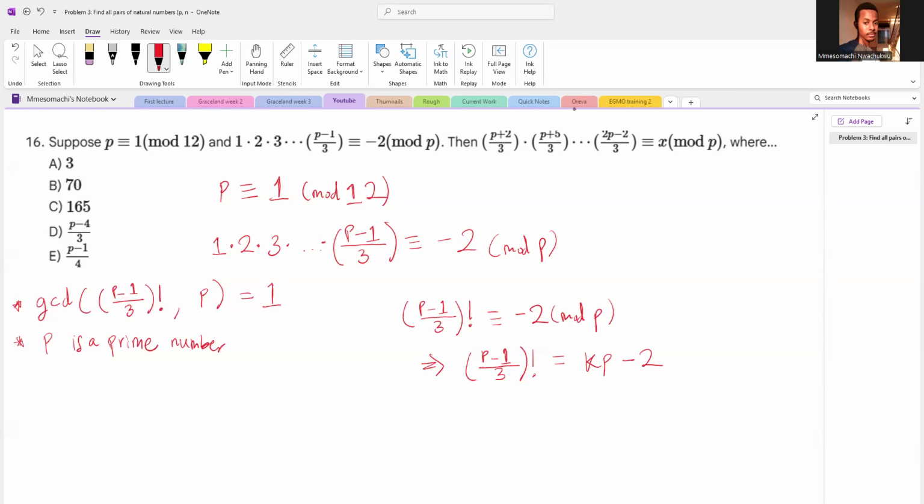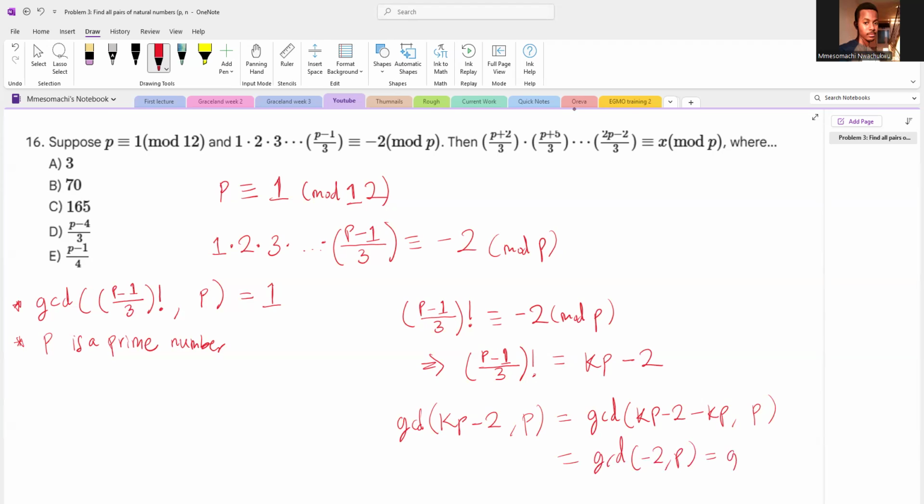Next, we want to find the GCD of Kp minus 2 and P. We can do some reduction: this equals the GCD of Kp minus 2 minus K times P, and P.